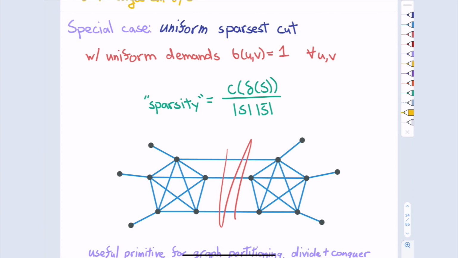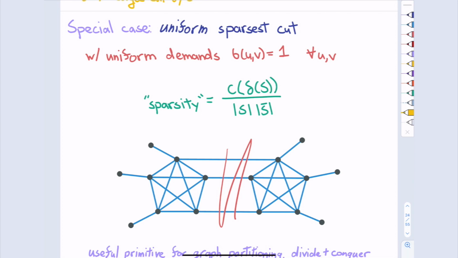This has a lot of algorithmic applications, but it's also a structural thing about graphs. In a graph like this, which is roughly two cliques with a few edges in between, there's relatively low sparsity because I can split it in half and disrupt a lot of pairs while removing relatively few edges.